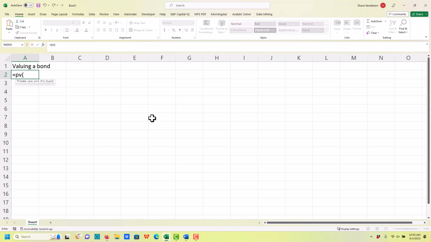Now typically it's going to be an annuity due, or excuse me, a regular annuity, because you won't get paid the interest until the time has elapsed, until that first payment is due. So that's what we need to know. So the rate is the yield to maturity.